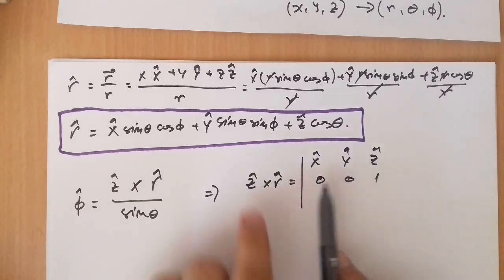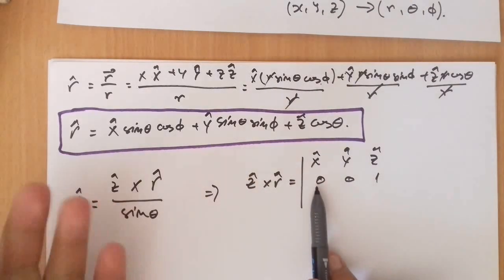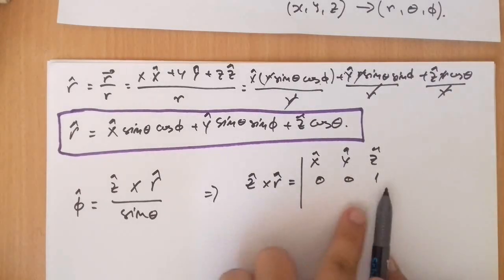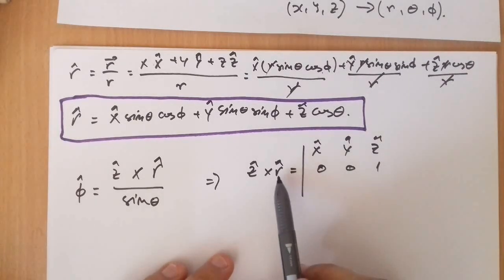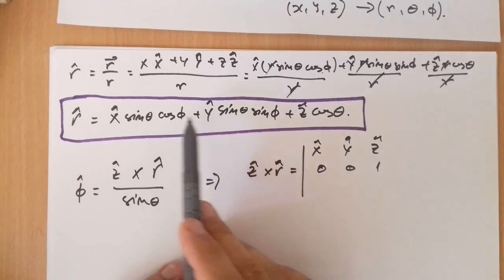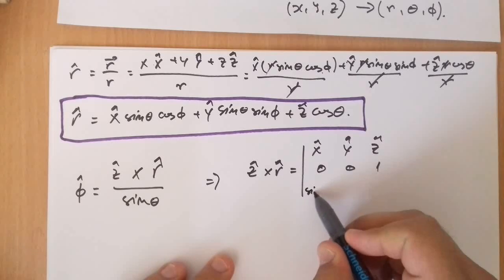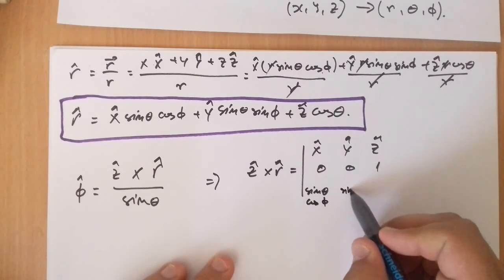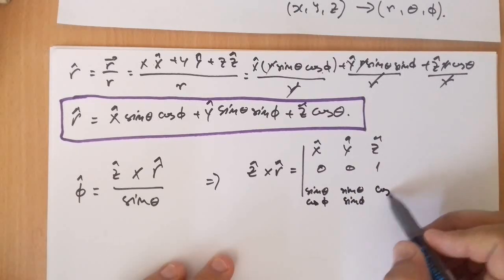The components of z are 0 in the x direction, 0 in the y direction, and 1 in the z direction. And the components of r are sine theta cosine phi, sine theta sine phi, and cosine theta.